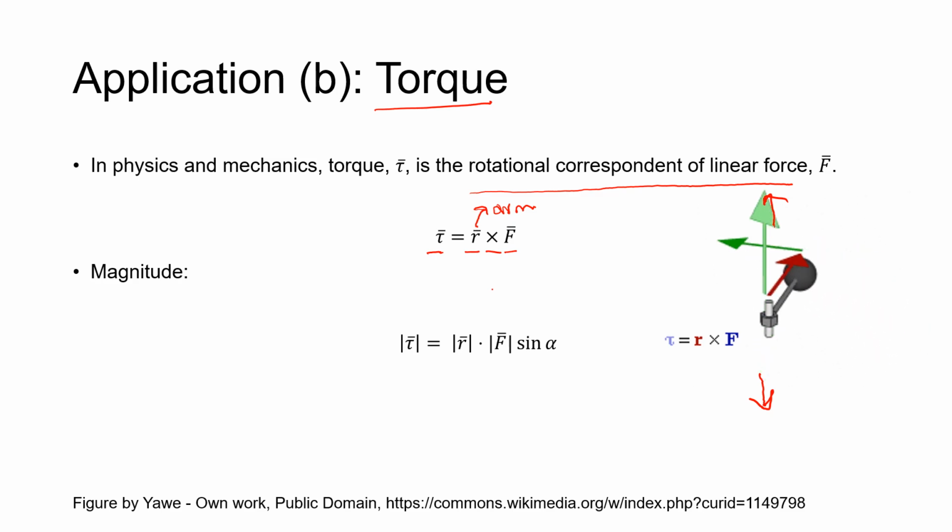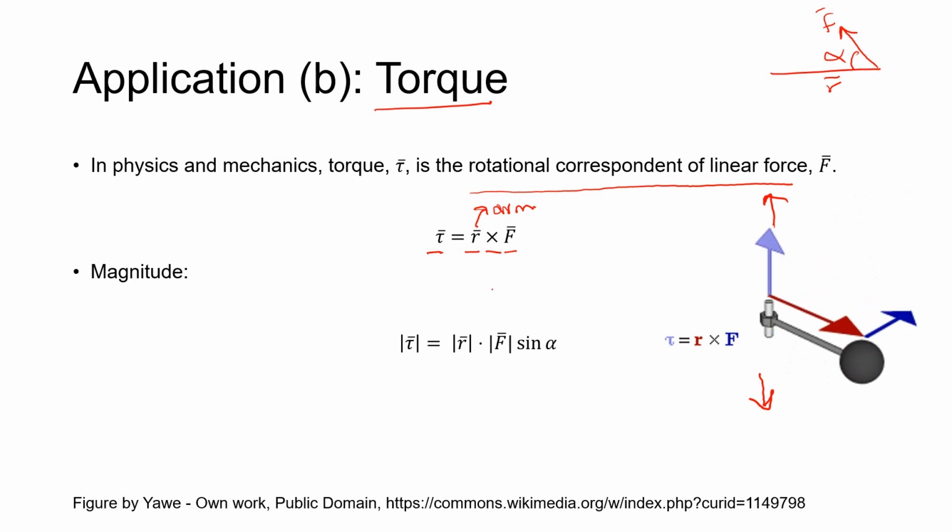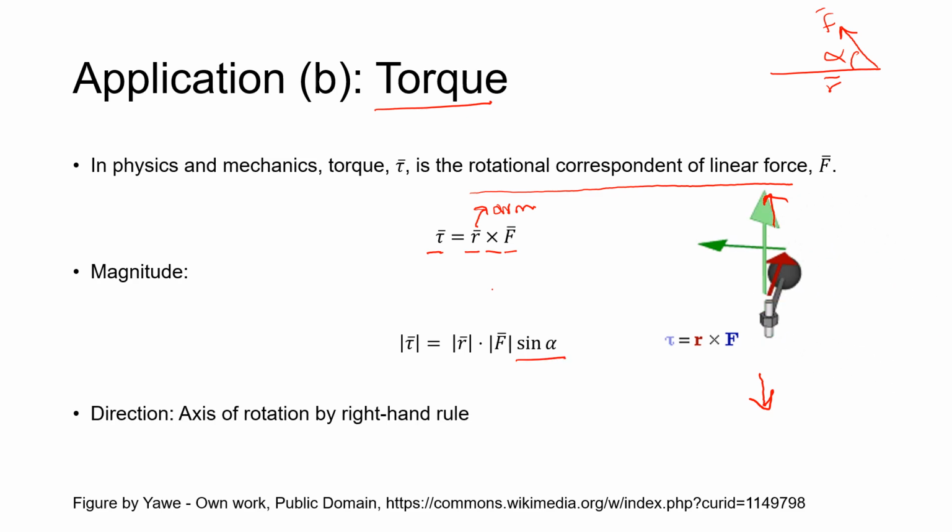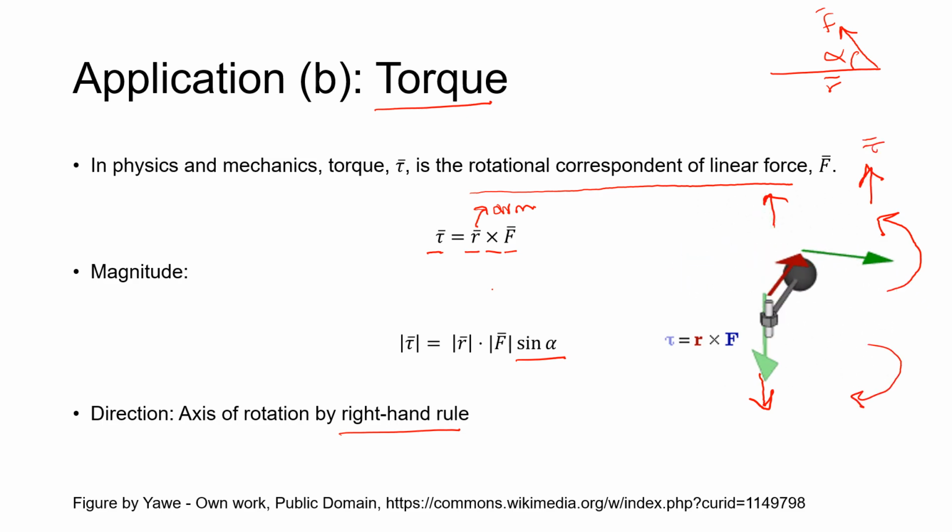This alpha accounts for the case where, for example, this is our R and our force is like this, not perpendicular to R; then you will lose some of this force in terms of sine alpha. Finally, the torque direction is calculated by the right hand rule. If we are rotating anti-clockwise, then you will have the torque in the up direction. If you are rotating clockwise, then you will get it in the downward direction.